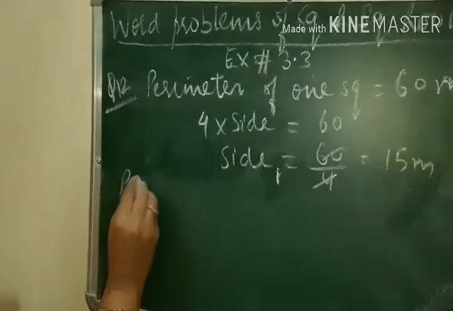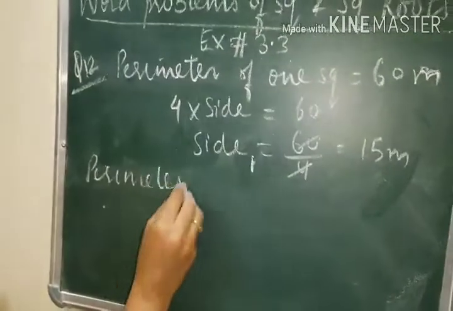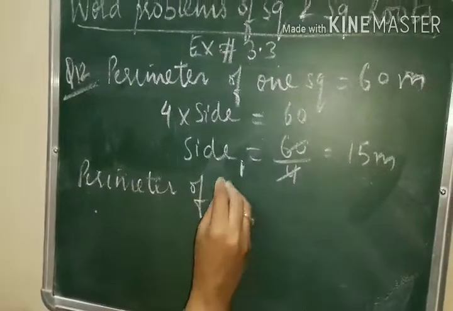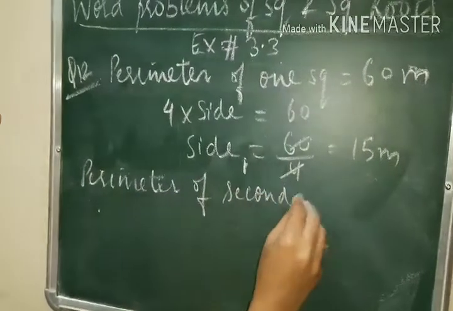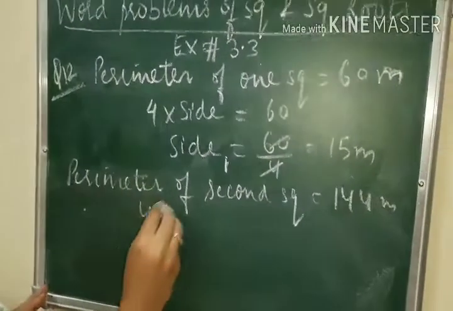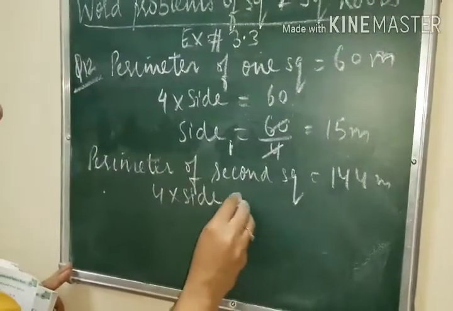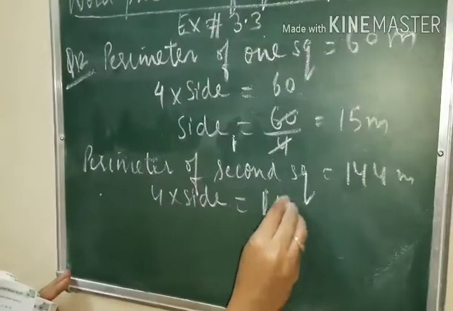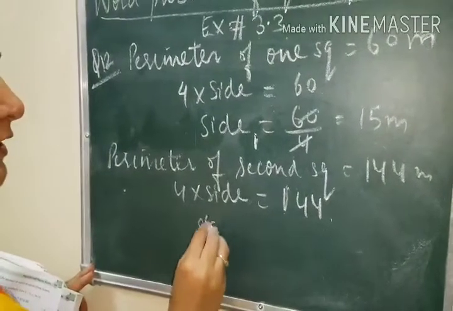Next perimeter of second square is given. Perimeter of second square, it is given 144. Right? Similarly we'll do, and we'll find the side of the second square also, because both the squares are not same. So first we should know what is the side of both the squares.